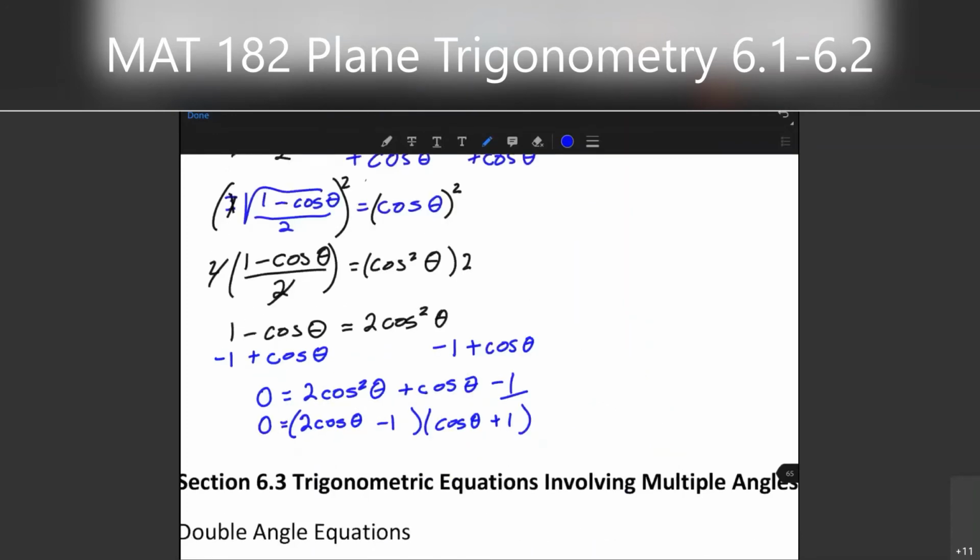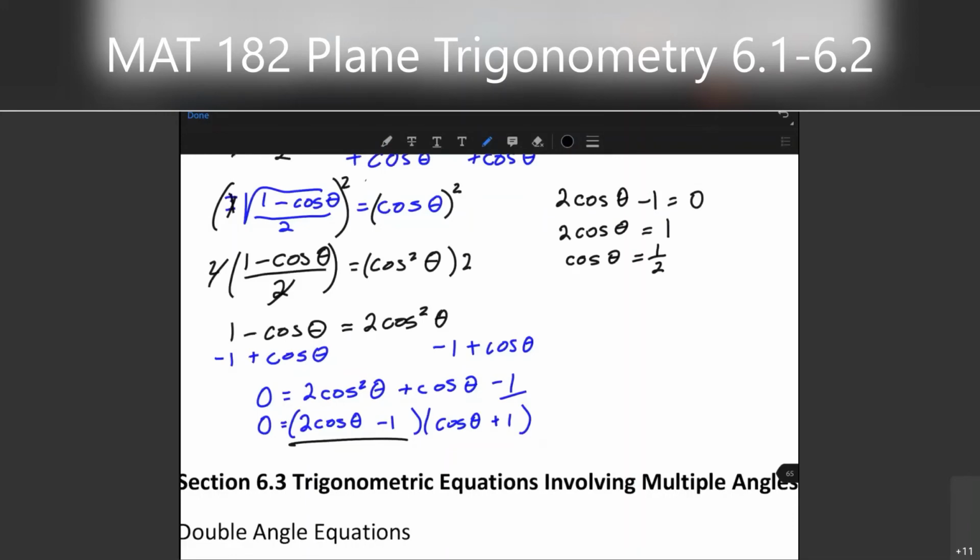So the first one is just going to be solving 2 cosine theta minus 1 equal to 0. If we rearrange this, we'll just get a half, so 1/2. And we've seen this actually a couple times before in the class. The cosine theta is going to be 1/2 in 2 positions.